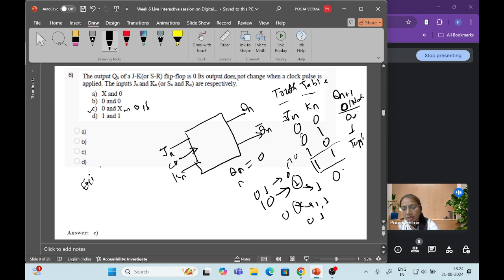And from the excitation table you can also check. What will be the excitation table for a JK flip flop? Qn, Qn plus 1, J, K. So can anyone answer what the excitation table for a JK flip flop is?